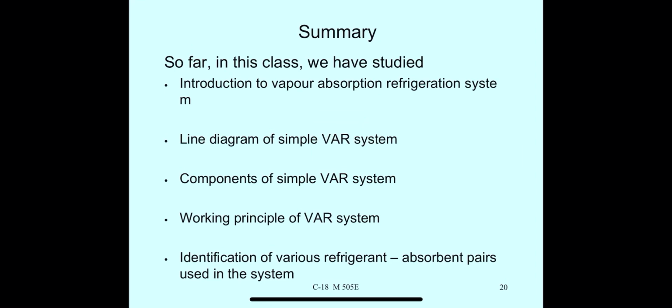In the vapor compression refrigeration system we use only one refrigerant. But in the vapor absorption refrigeration system we use both a refrigerant and an absorbent. The refrigerant is ammonia, and the absorbent is water.